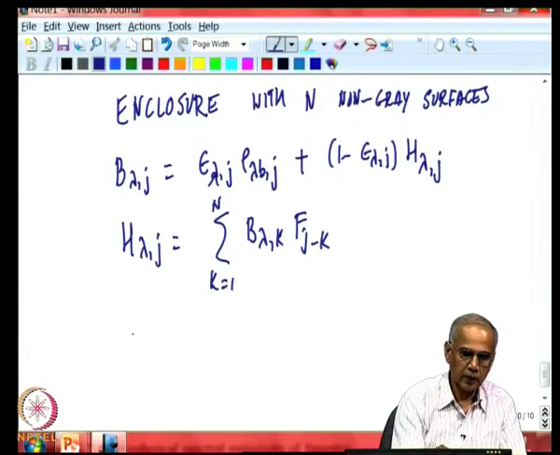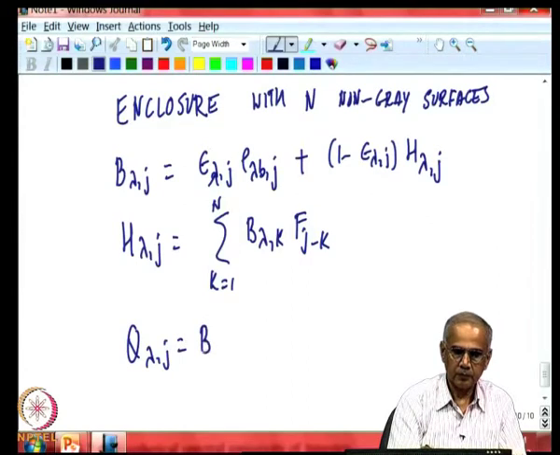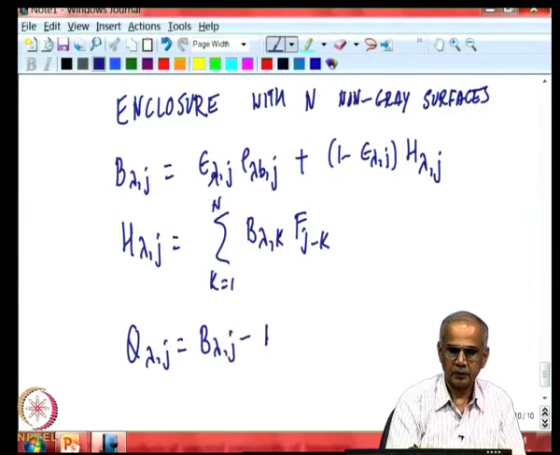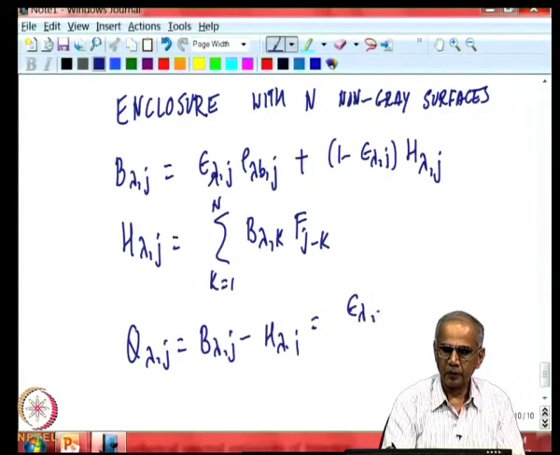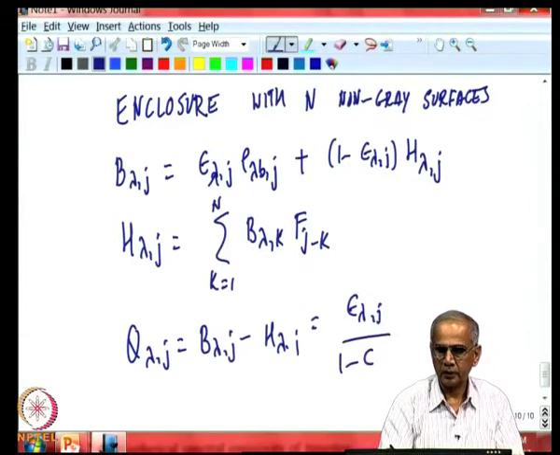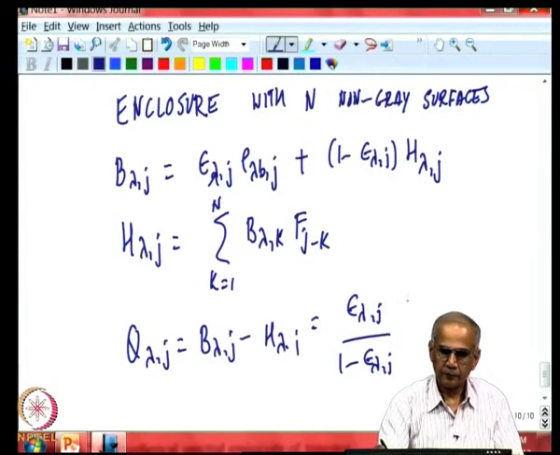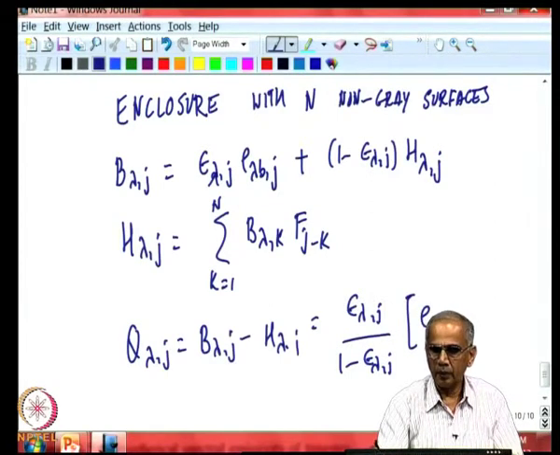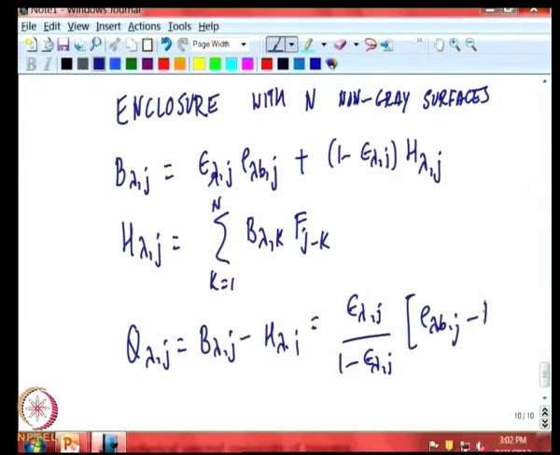Now, you can derive what is q lambda j, which is B lambda j minus H lambda j, and this is epsilon lambda j over 1 minus epsilon lambda j into E lambda b j minus B lambda j. All this is very similar to the gray case, except that now we are treating results at every lambda.